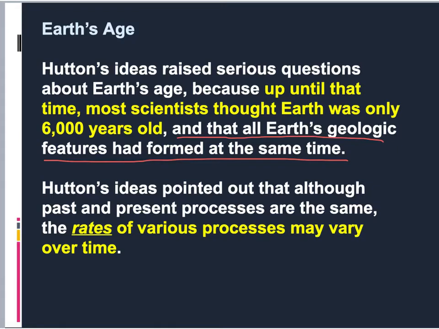So he thinks that that's how you explain some of the irregularities you see across the world. So this was really going against what people thought at the time, right? People thought the Earth was only 6,000 years old. 4.6 billion was nowhere near on the table, but he was a bit of a revolutionary in that sense.